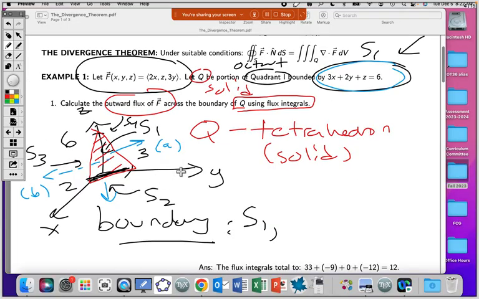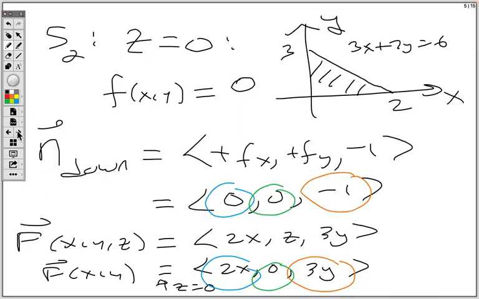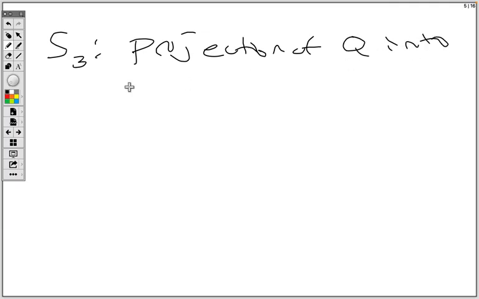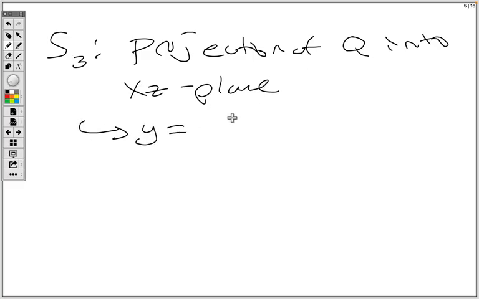All right, S3. S3 is the projection into the XZ plane. So S3 would be the projection of Q into the XZ plane. So what's another name for the XZ plane? Y equals 0.